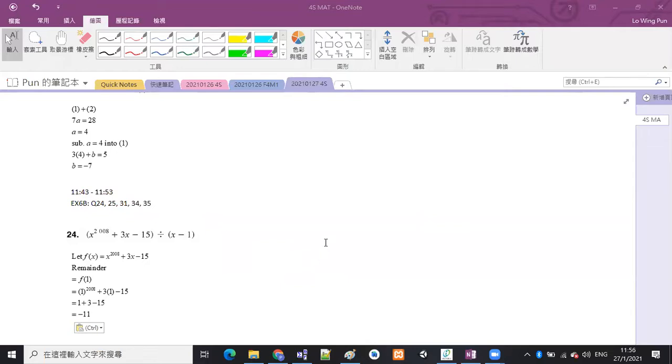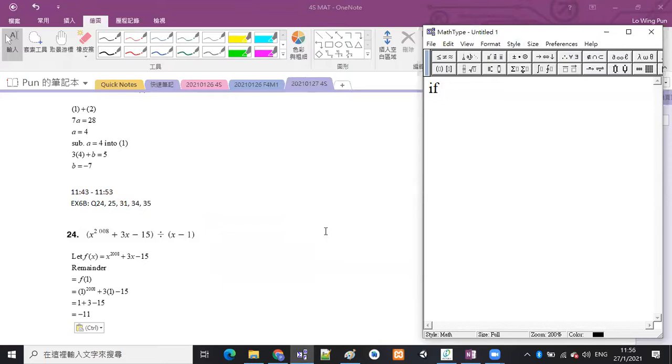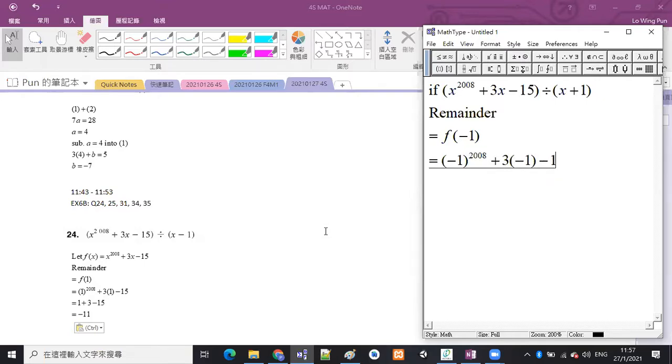If the divisor is x plus 1, I mean, if this time x to the power 2008 plus 3x minus 15 is divided by x plus 1, then the remainder is equal to f(-1). But f(-1) this time is equal to (-1) to the power 2008 plus 3 times -1 minus 15.